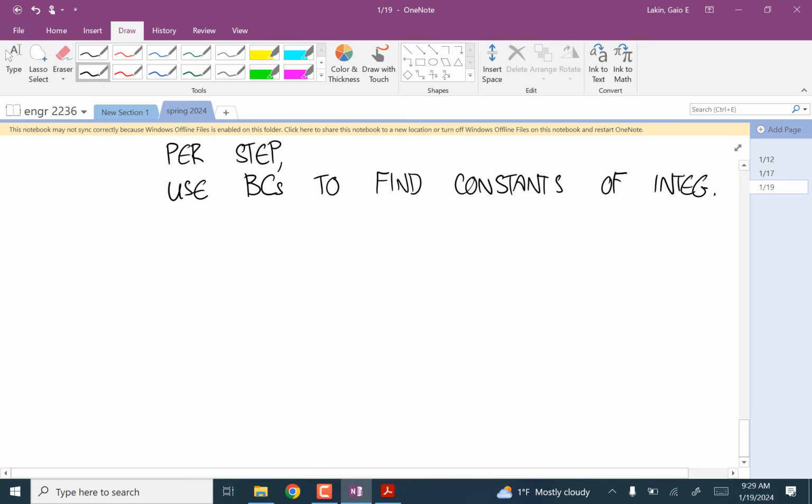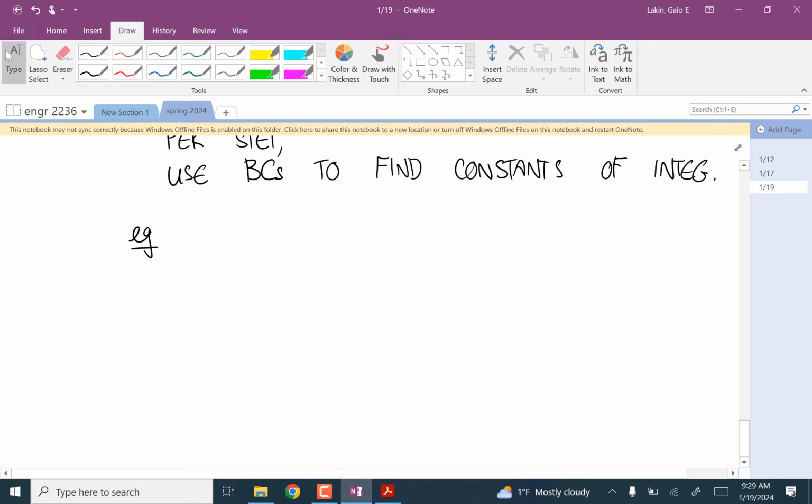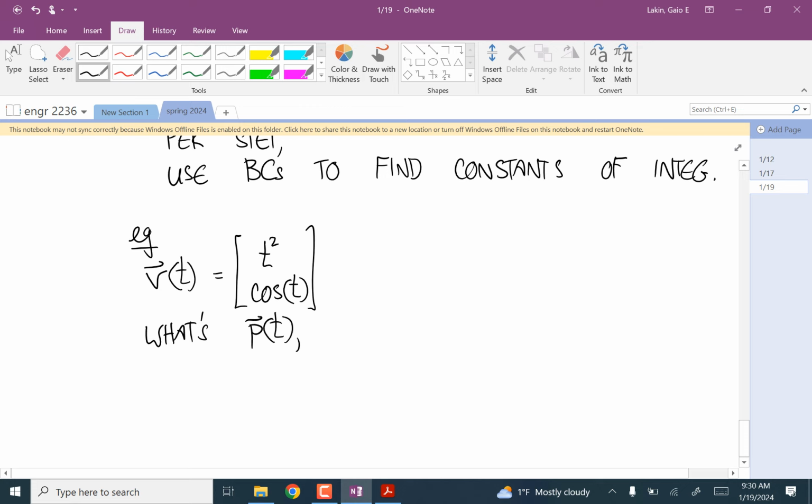Okay, so in this case, we did an example like this last time, but let's say that we know that velocity as a function of time is equal to t squared, cosine t. And we want to know what's the position vector as a function of time, given that at time equals 0, the position is 0, 50.